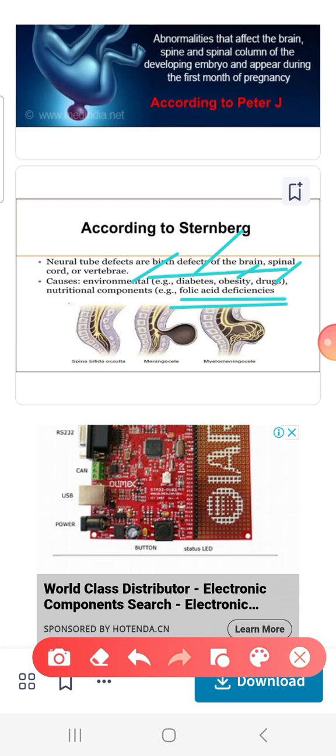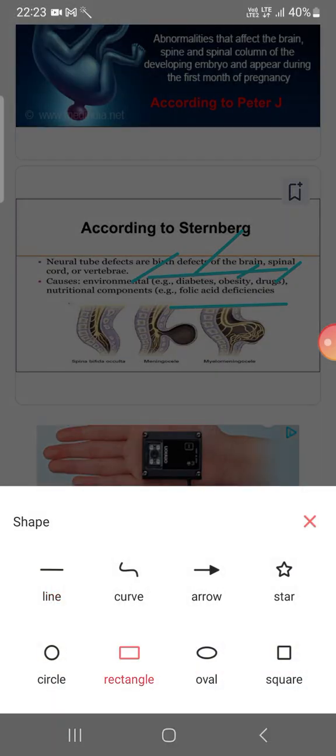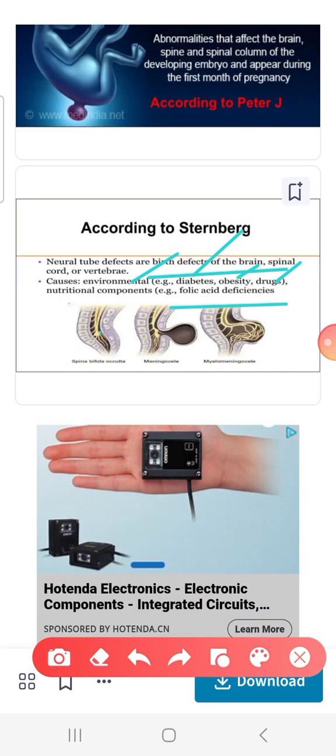So which type of characters is observed? Here we observe one character. In this gap there is no vertebrae. Just check once. In the given structure there is no vertebrae.